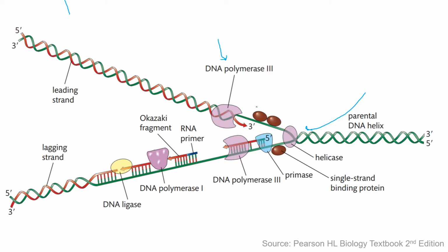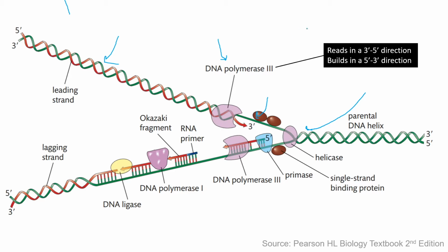The essential job of DNA polymerase 3 is that it will read the parental DNA, recruit free-floating nucleotides from the area, and then bind them onto the parental DNA, turning a single-stranded piece of DNA into double-stranded.